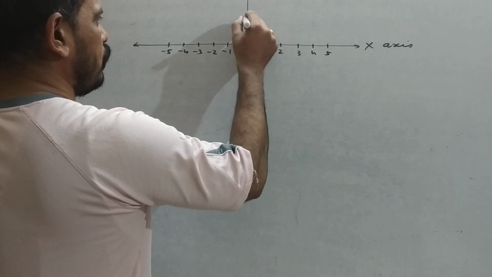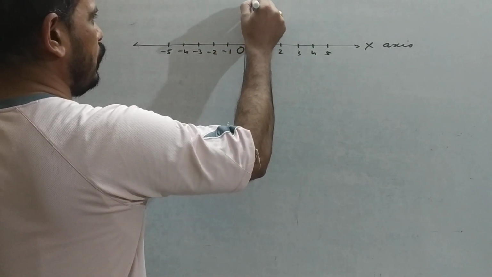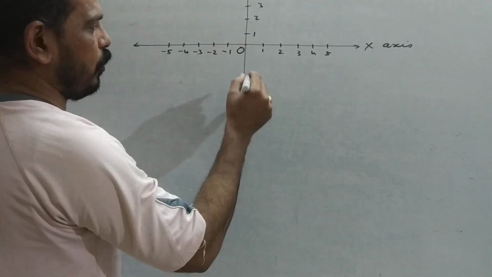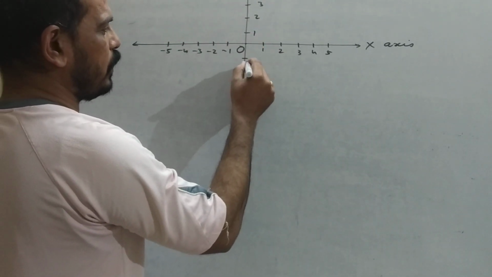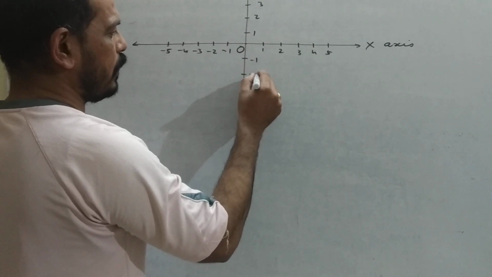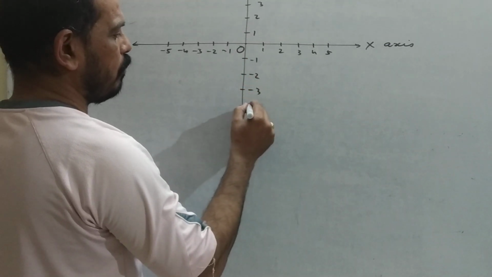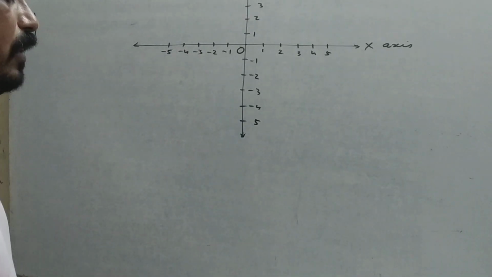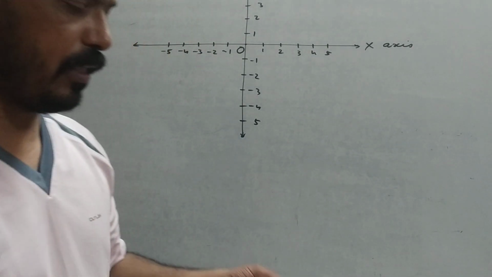Upward it is positive, 1, 2, 3, 4, 5, going on to infinity; downward it is negative, -1, -2, -3, -4, -5. See? This is a graph. A graph looks like this. You have seen it in your lower classes.